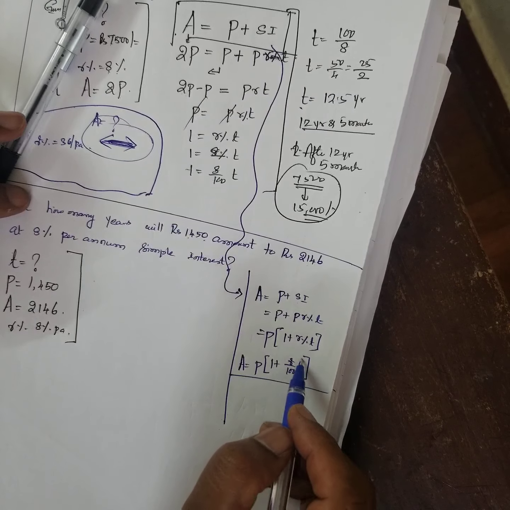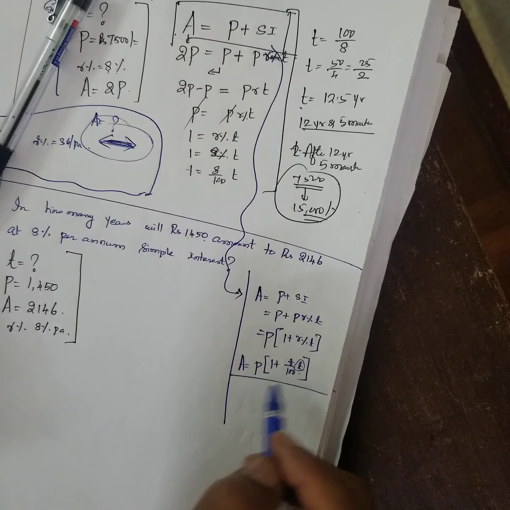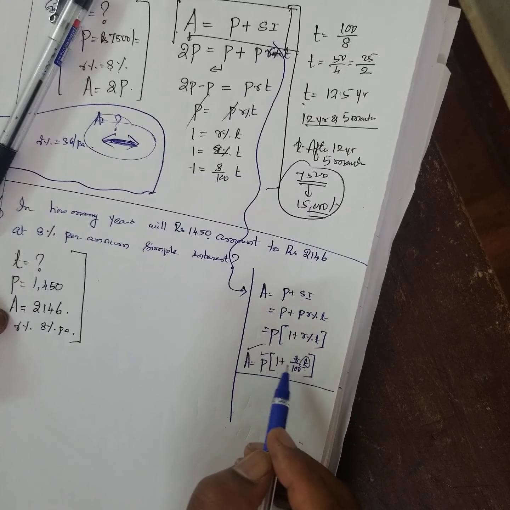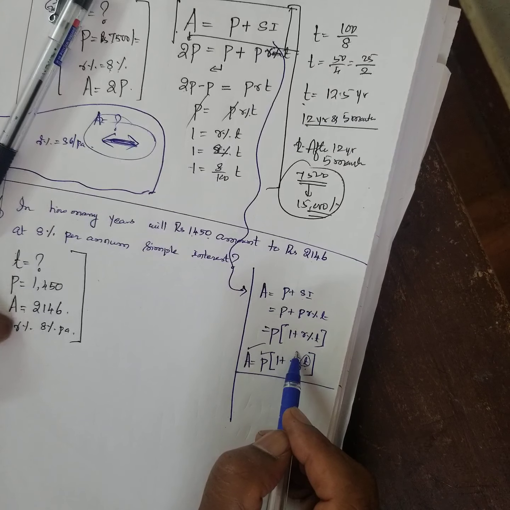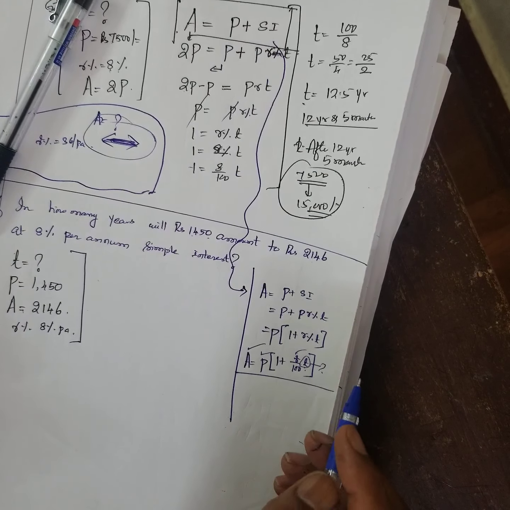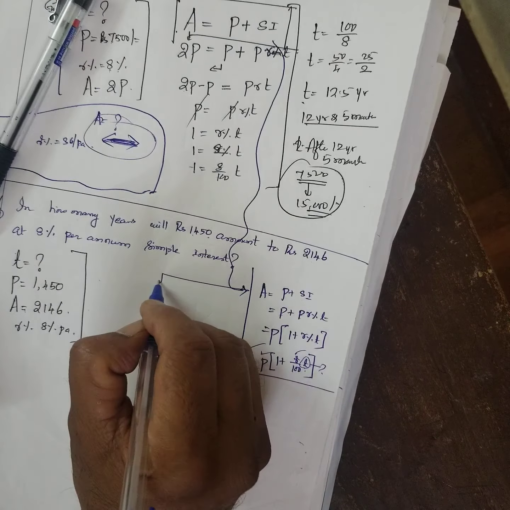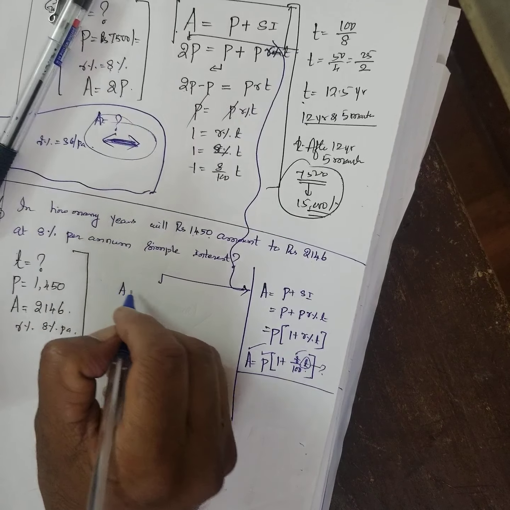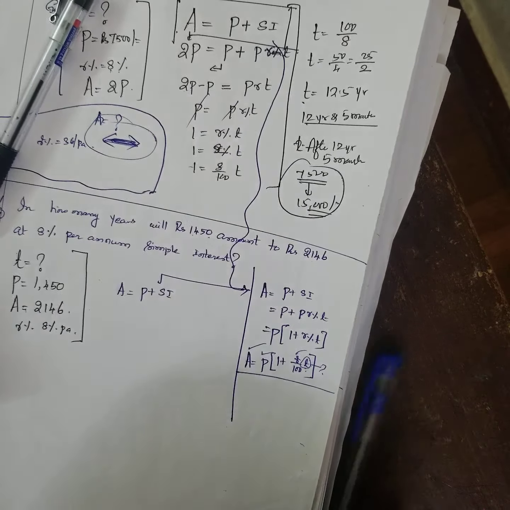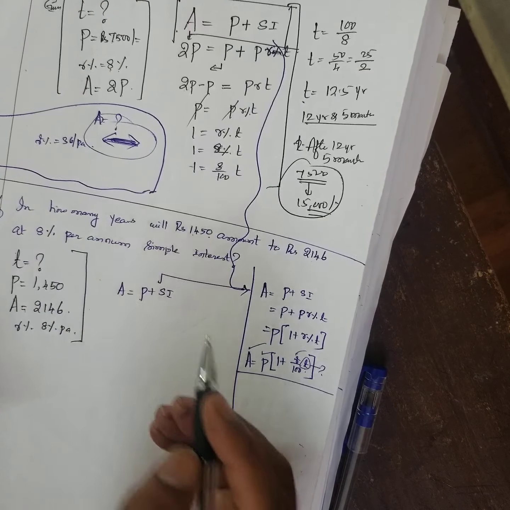Now they are asking what is this time. The amount is given. Principal is also given. R is also given; R is 8 here in this case. T is how much? Or the other way: A is equal to P plus simple interest. Total amount is equal to principal plus simple interest.